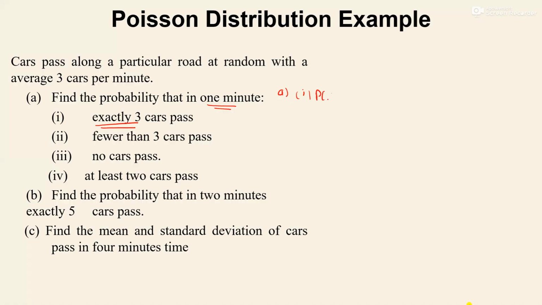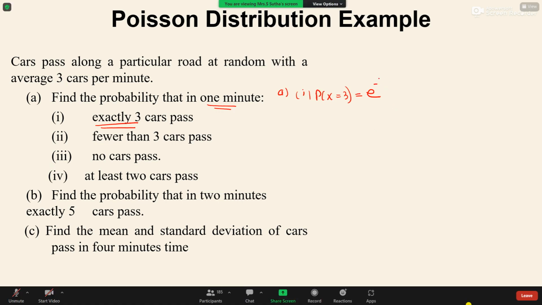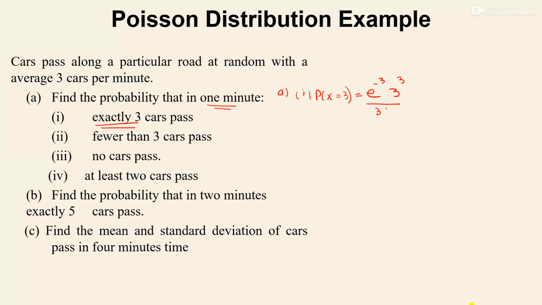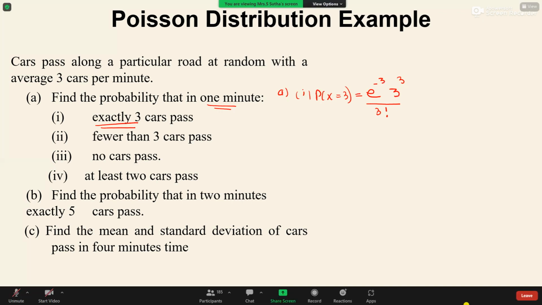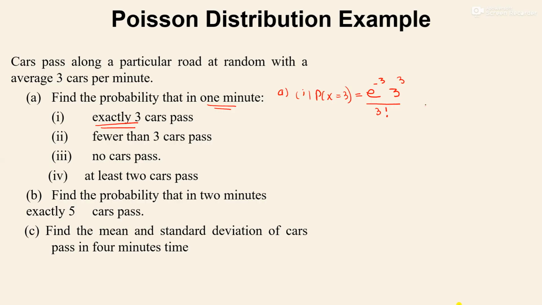Probability of x equals 3 is equal to e to the power minus 3, 3 to the power 3 over 3 factorial. This one you can get from the calculator, then you can simplify and write the value.